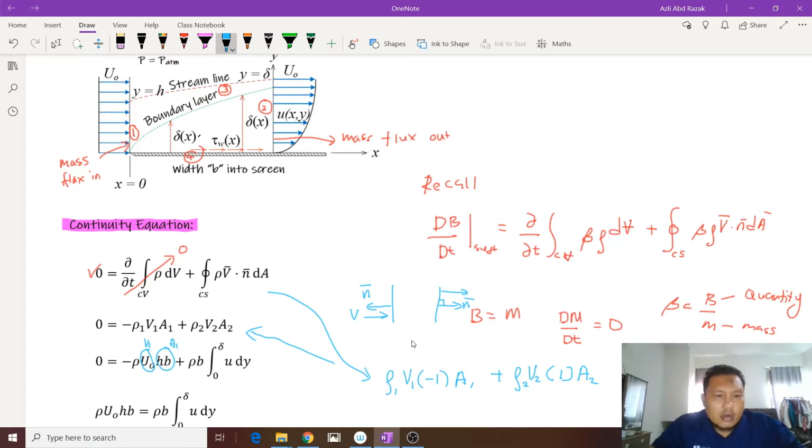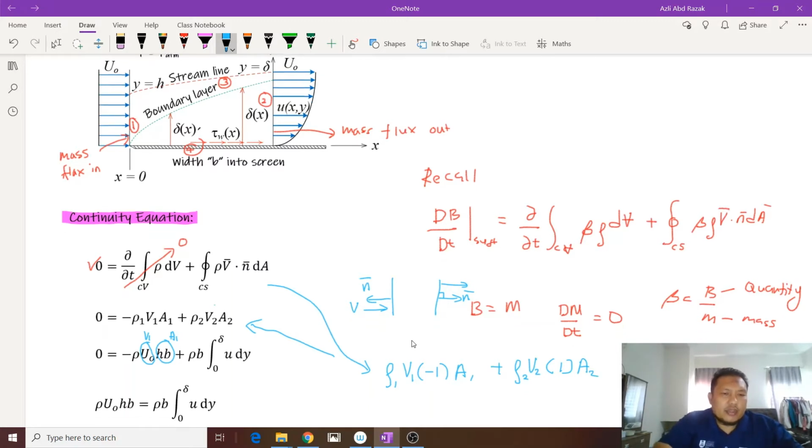All right, so now we integrate over b. The u is the velocity here, the v2 is not a constant, but changes with respect to y. That's why this is a v. And then the area as well changes with respect to y. So that's why we have this equation.